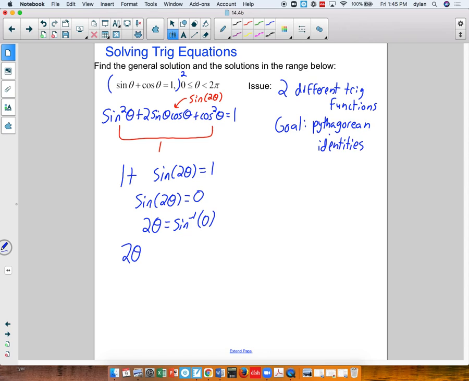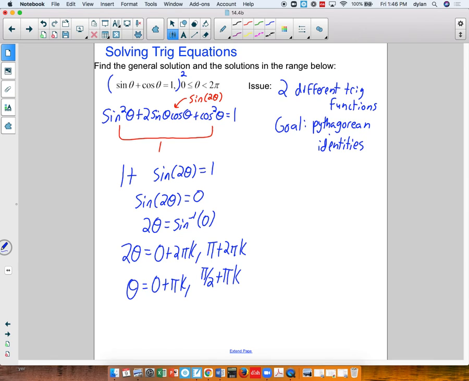So we can say that 2 theta equals 0 plus 2 pi k and pi plus 2 pi k. So now when we divide by 2, we're going to end up with theta equals 0 plus pi k and pi over 2 plus pi k.